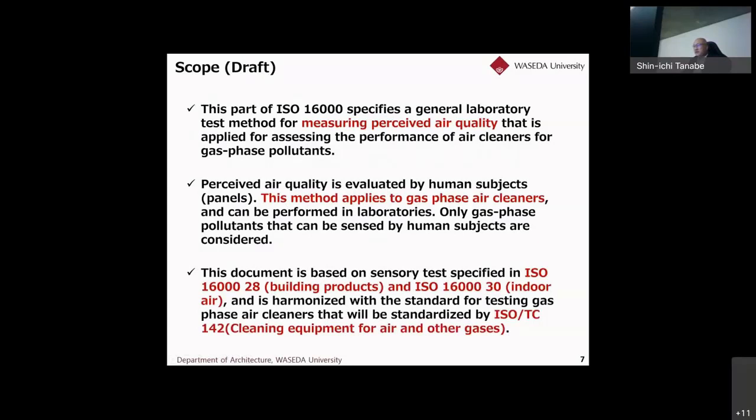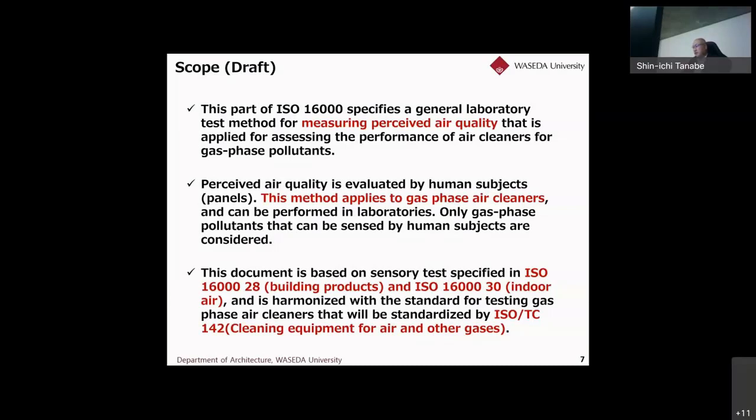The scope is measuring perceived air quality, applied to assessing the performance of air cleaners for gas phase pollutants. Professor Olesen already mentioned the principle of perceived air quality measurement. This method is applied to gas phase air cleaners because we have ISO 16028, the sensory test for building products, and part 30 for indoor air.